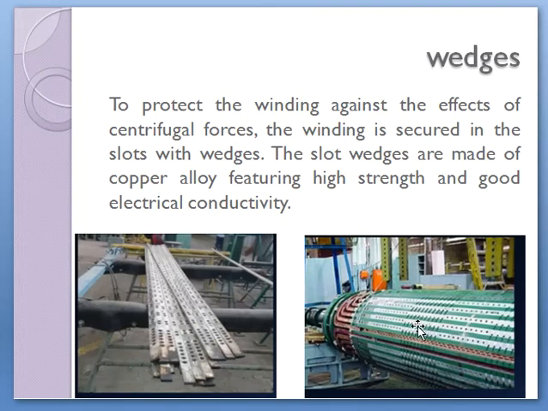Now, once the wedges are inserted on top of the field windings and properly sealed, then even at such a high rotation of 3000 rpm, it is ensured that the field windings do not fly off or break off from the rotor during rotation.